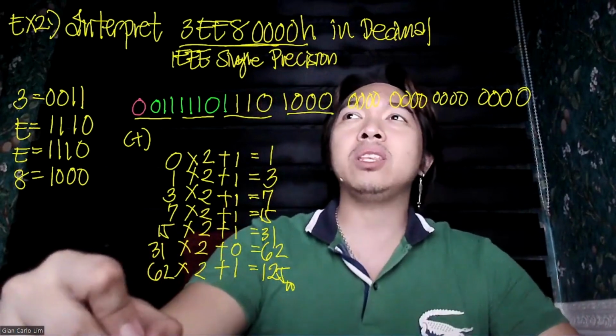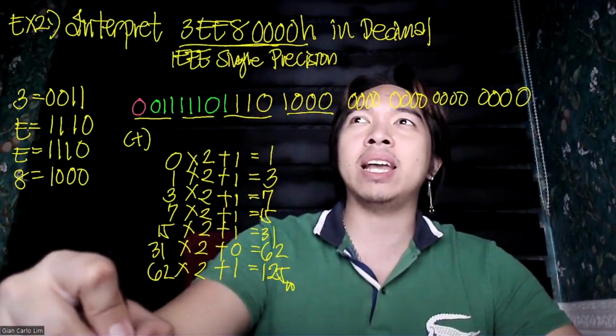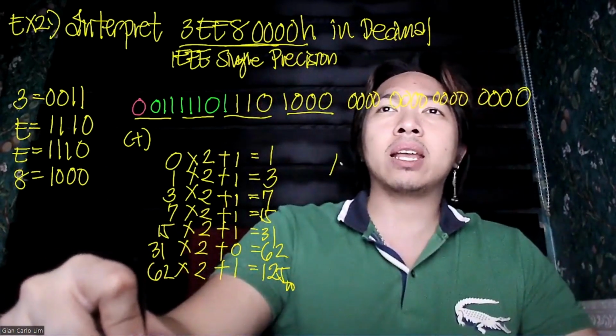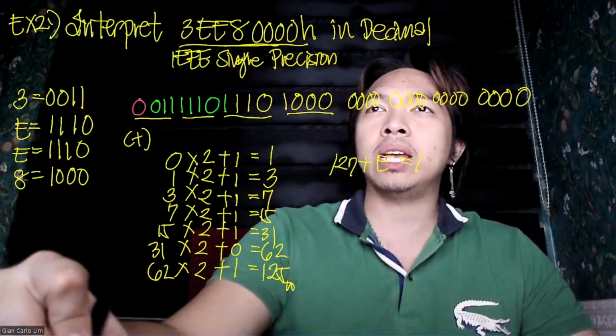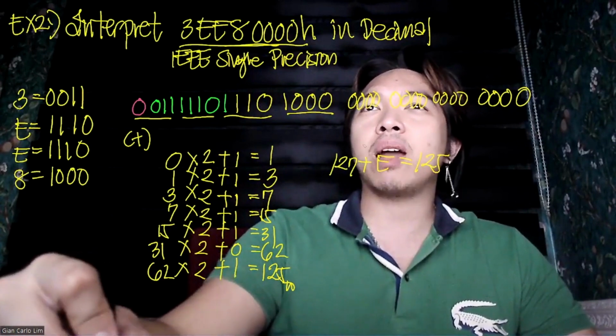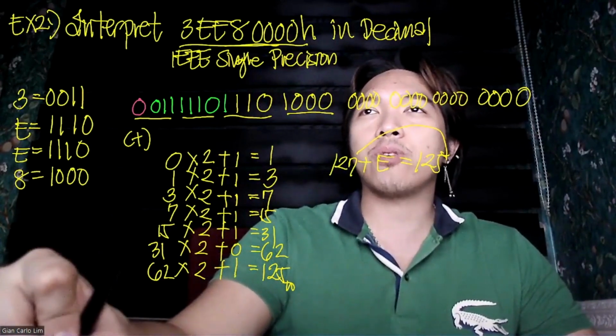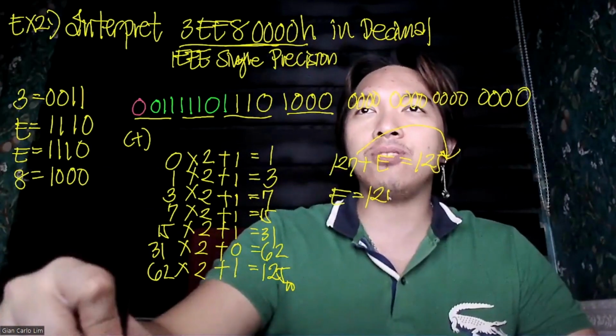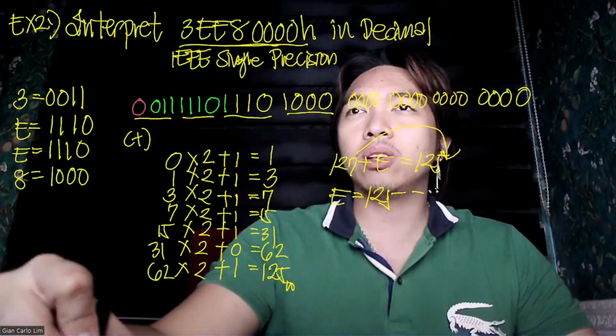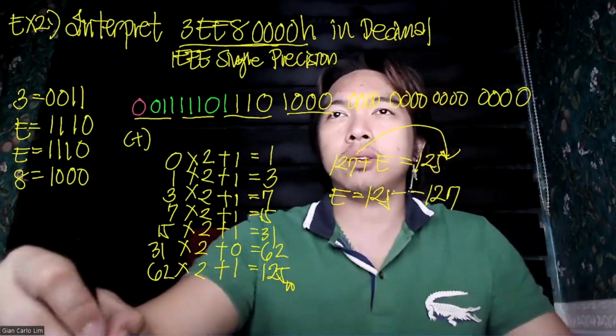So we need to denormalize that. So to denormalize, we'll use the formula 127 plus the exponent value is equal to 125. In algebra, we transpose this. So therefore, we have E is equal to 125 minus 127. Okay.